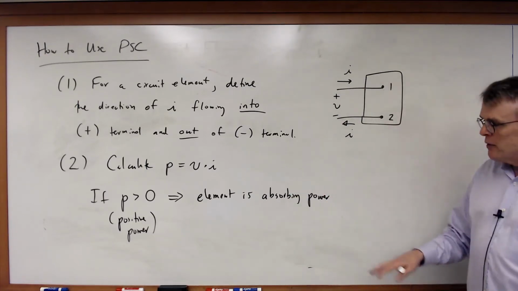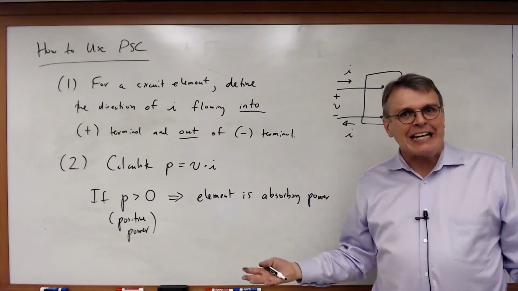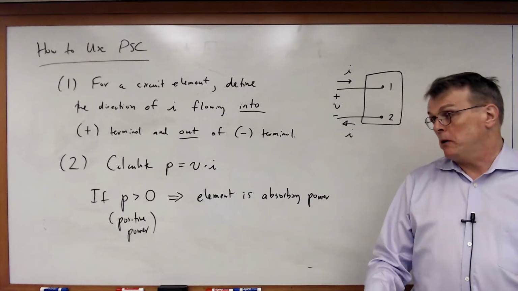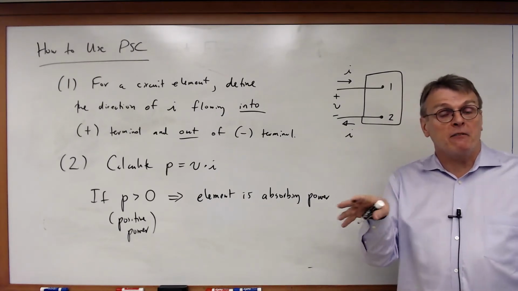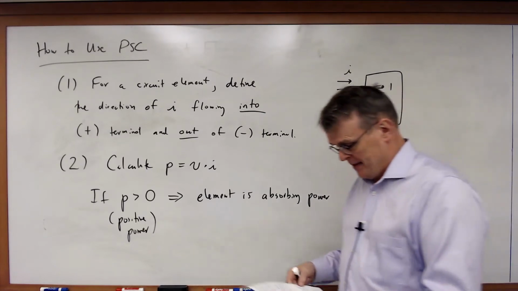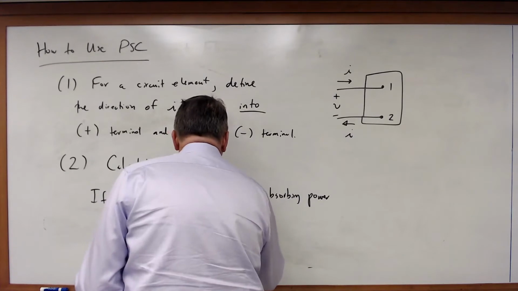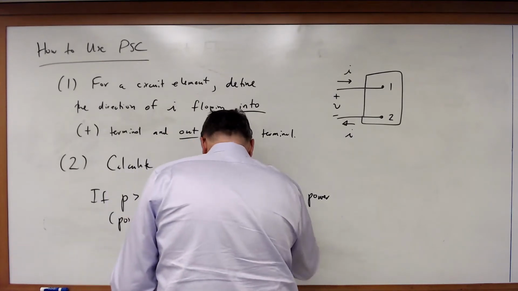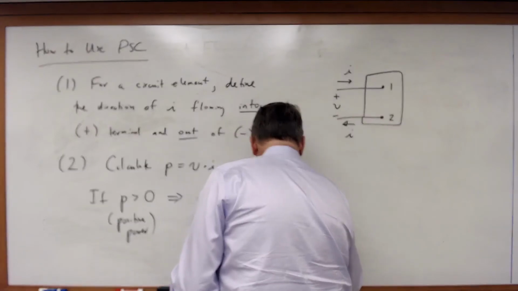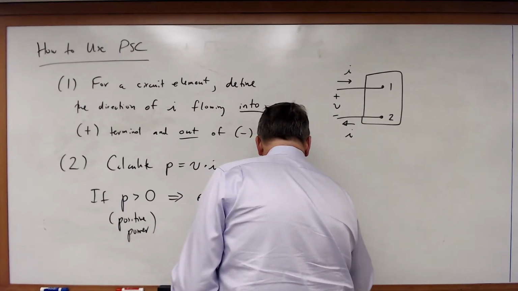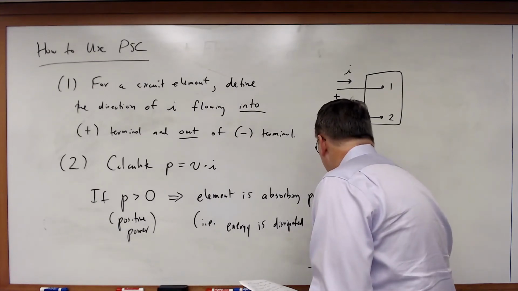And either it's going to store that energy or it's going to dissipate that, perhaps as heat or as light or, depending on other types of elements we might look at, as some type of mechanical energy. So energy is either dissipated or stored.